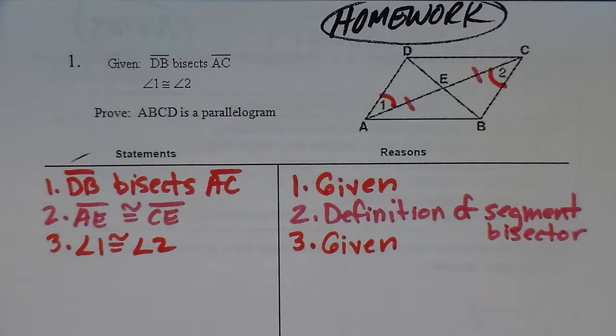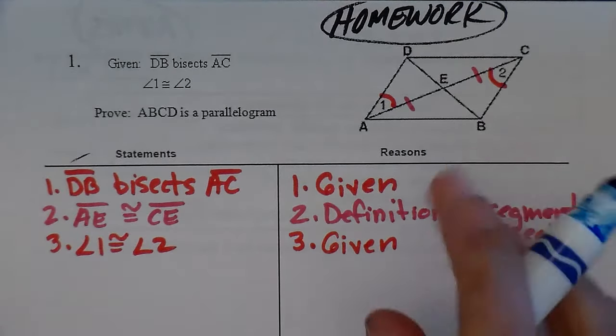I can either prove that there's an opposite pair of sides that's parallel and congruent by proving the triangles congruent, or I can prove that the two diagonals cut each other in half. So either way, I've got to prove that these two triangles are congruent.